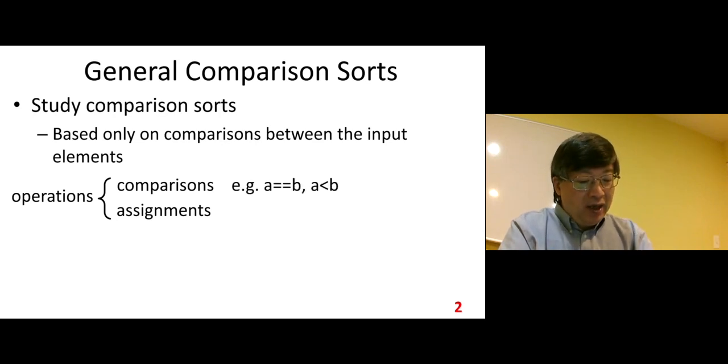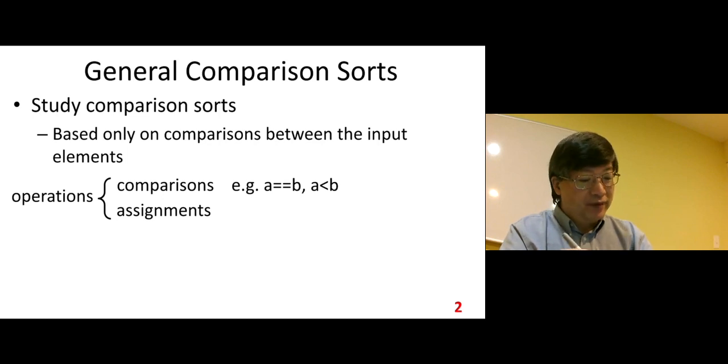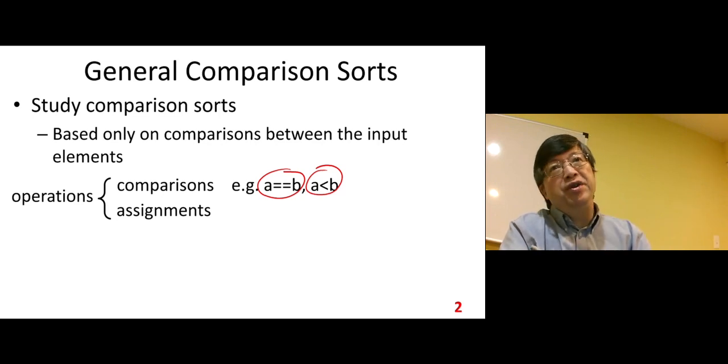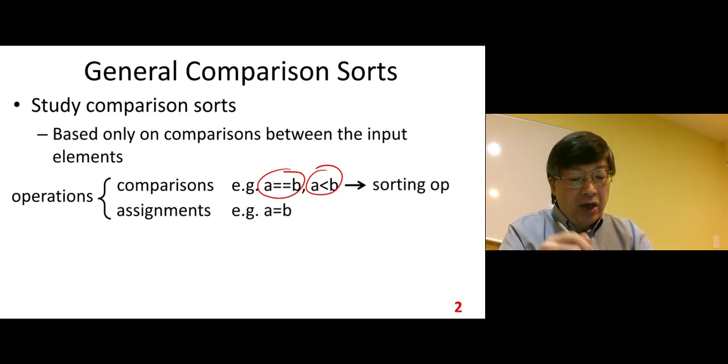But for comparisons, we know which one is smaller. So we have two cases, equal case and unequal case. For unequal case, one is smaller than the other. And this kind of information is very useful in our sorting. So we call comparison the sorting operation.